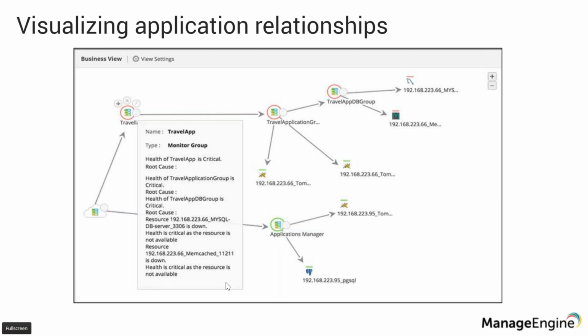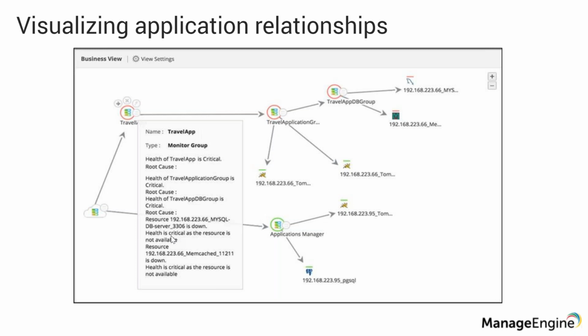And this info card packs a lot of information about the health of all the devices that we can see on our screen right now and their underlying root cause. So we can not only understand that there is an issue, we can actually pinpoint the exact source of that issue.